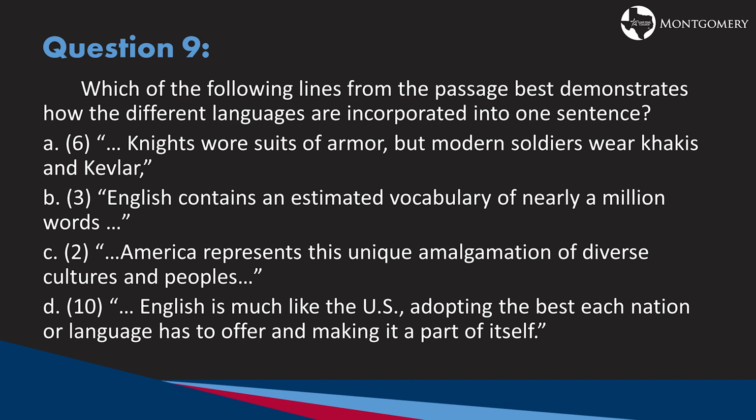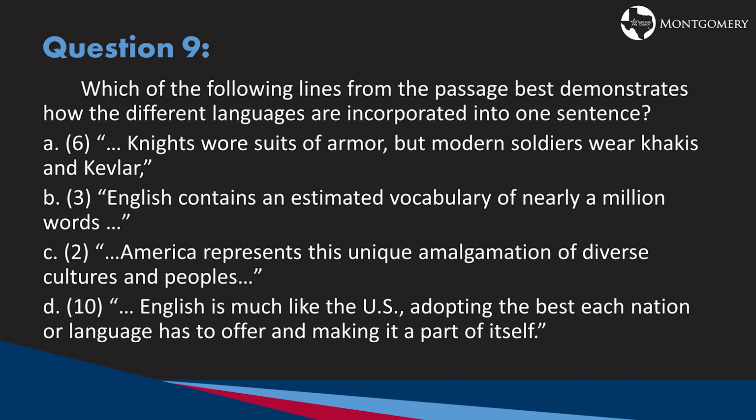Which of the following lines from the passage best demonstrates how the different languages are incorporated into one sentence? A, knights wore suits of armor, but modern soldiers wear khakis and Kevlar. B, English contains an estimated vocabulary of nearly 1 million words. C, America represents this unique amalgamation of diverse cultures and peoples.